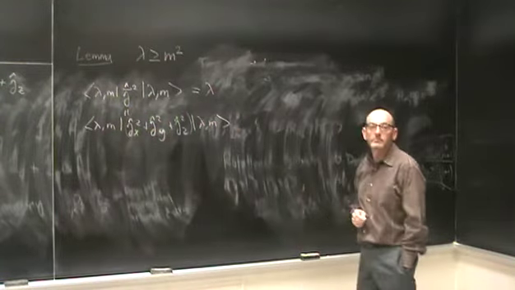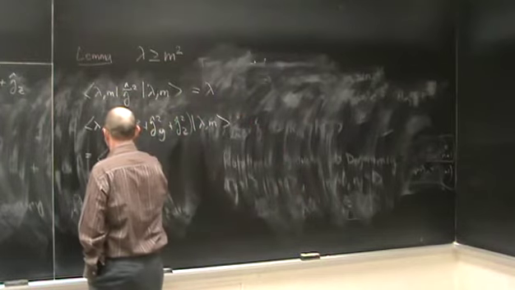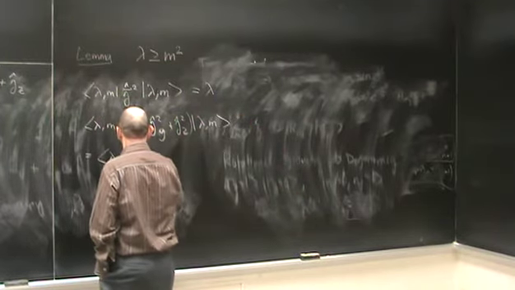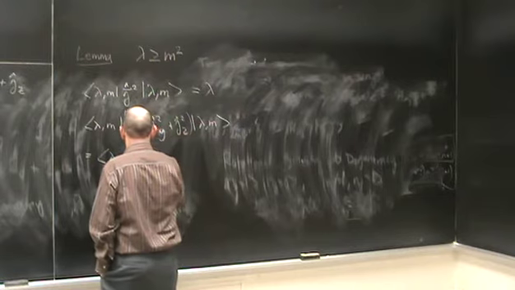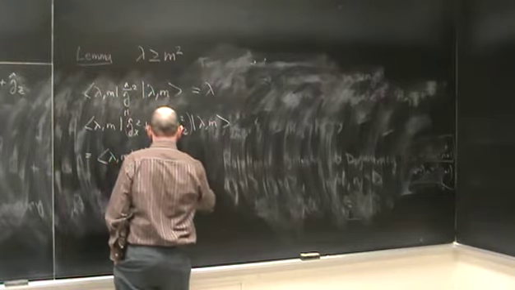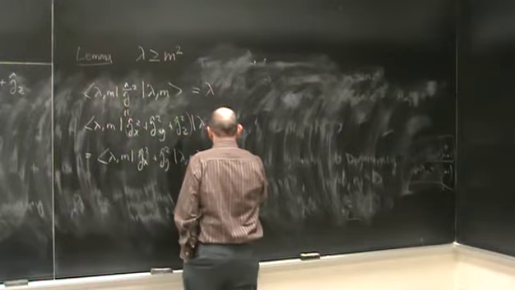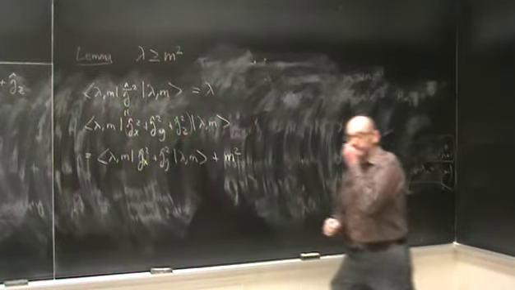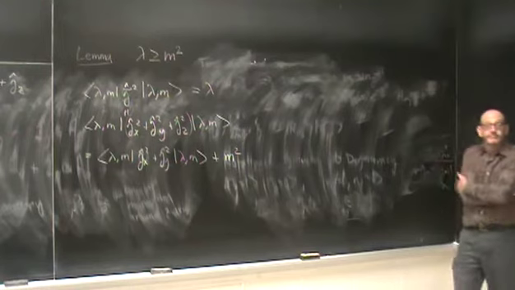This is an eigenvector of jz with eigenvalue m. So this expectation value is the expectation of jx squared plus jy squared, plus m squared, right?